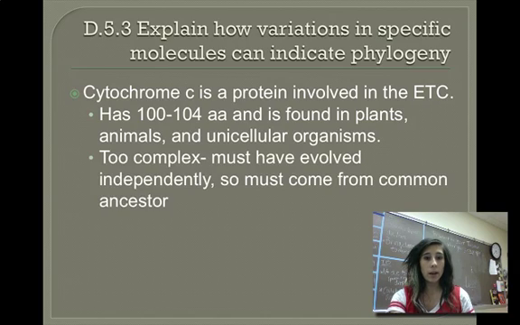And it's pretty complex, so the thought is if it is very complex, it must have evolved independently. When you think about the complexity of mitochondria and chloroplast, we have determined that they evolved independently, and so this is kind of similar. And with that being said, there must be a common ancestor because it has evolved and branched off independently.